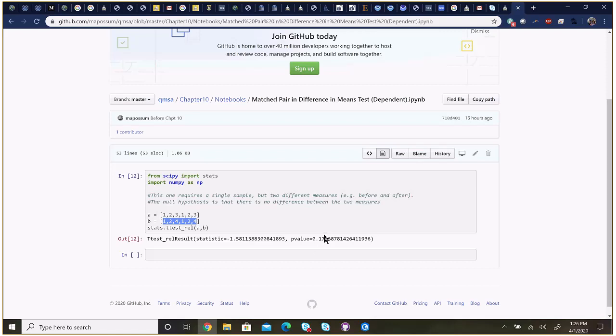We would still reach the same conclusion even if it was a two-tailed test, because we would either double this value or halve the 0.05 value to 0.025. So in either case, we would accept that there's no difference between the two measures.